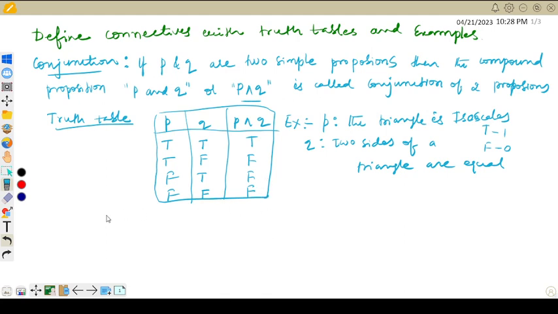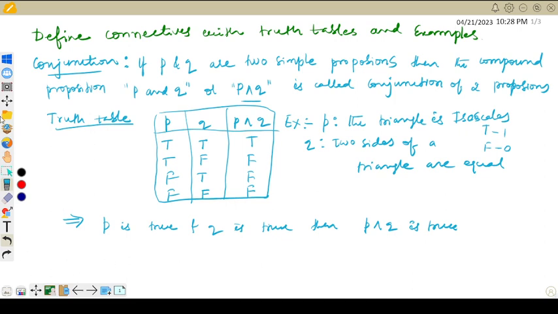This implies that, students, here P is true and Q is true, so the conjunction of the two propositions P and Q is true. This is about conjunction.